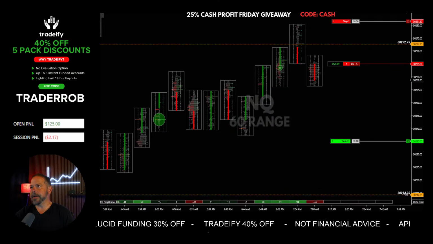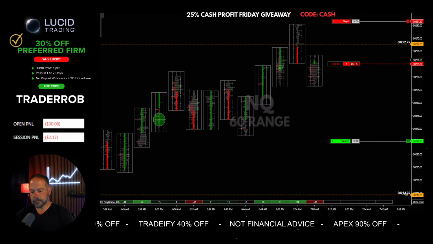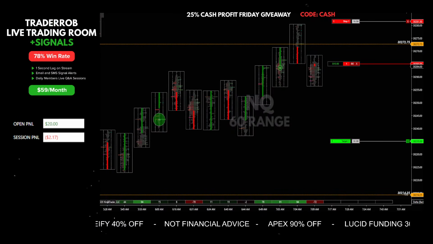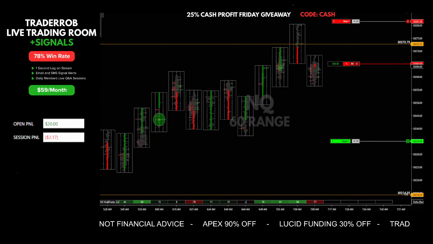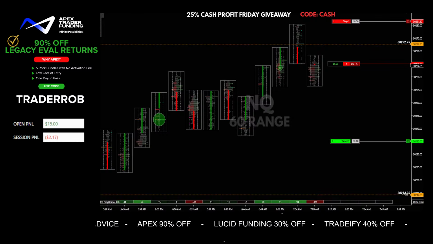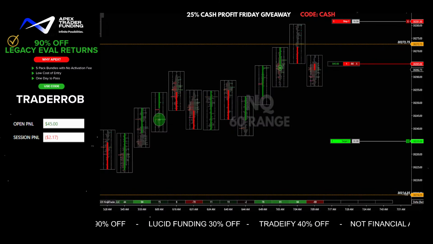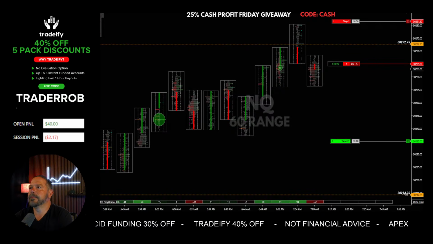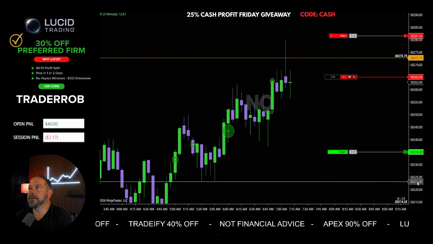Hopefully we got a little bit of follow through here on this move to the downside. Nice little rejection candle there off that prior day high.